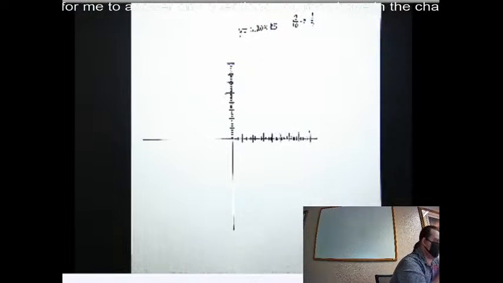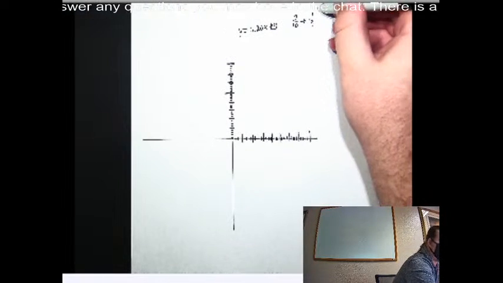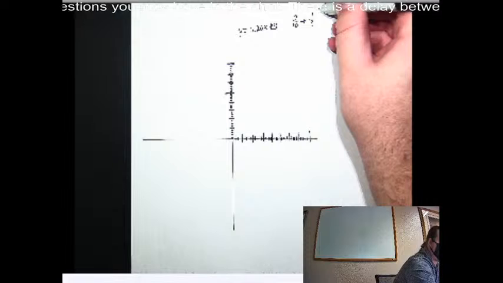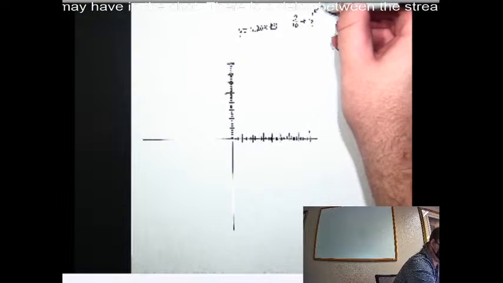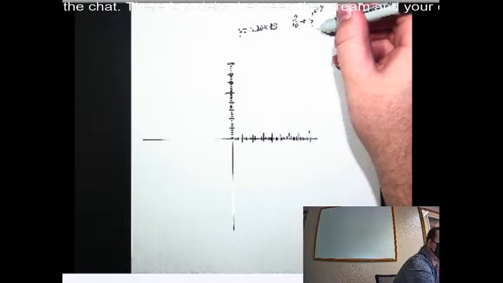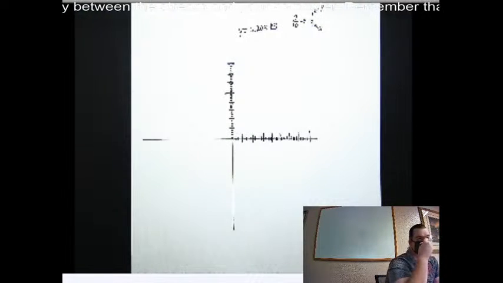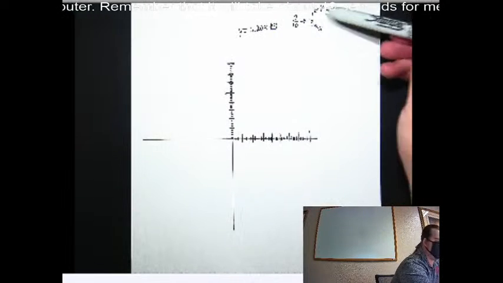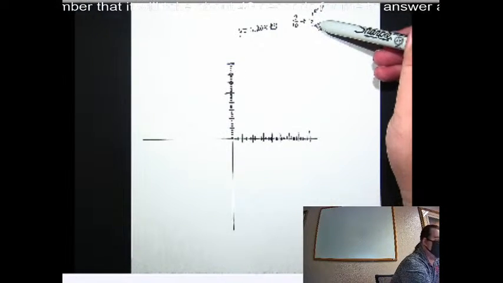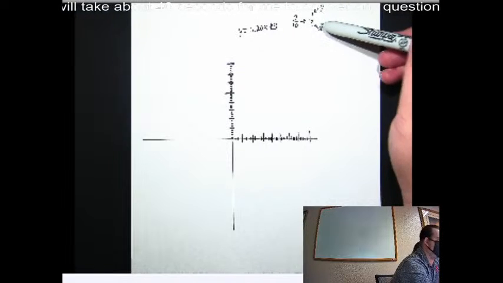So 0.2 is 1/5. And you can read this fraction to see how far you go in both directions. The top is how far you go on the y, the bottom is how far you go on the x. So again, we know it's increasing, so what this means is we're going to go up 1 on the y and over to the right 5 on the x.